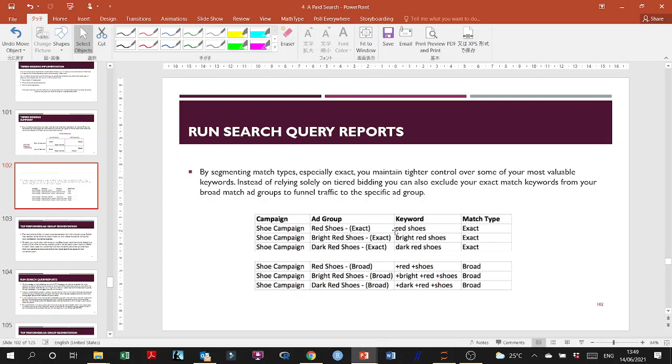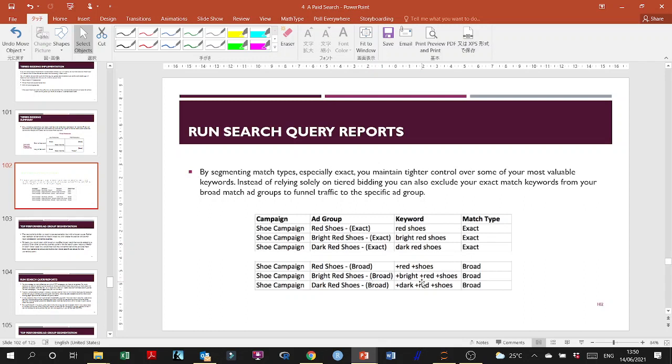So you have the ad group red shoes. Red shoes has an exact red shoes, and the red shoes ad group has a broad match modifier red shoes. Then the bright red shoes ad group has two keywords, bright red shoes exact and bright red shoes broad.